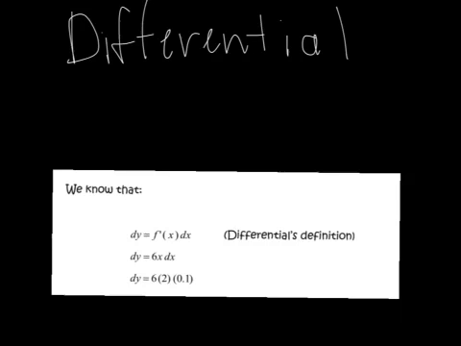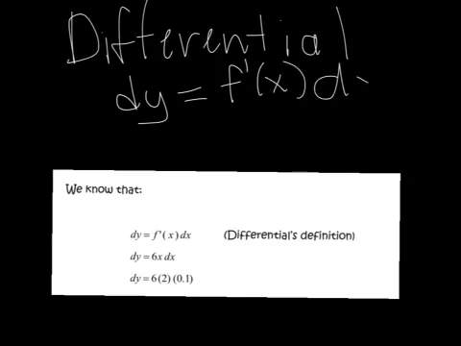At the beginning of the video, we saw that we can write the differential of y equals the derivative of the function times the differential of x. And this differential of y is an approximation of the true change. So here we have the calculations for the example we have been working with. The differential of y here equals the derivative of the function times the differential of x, which is the differential's definition.